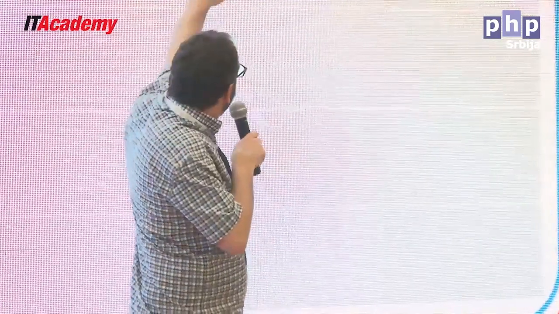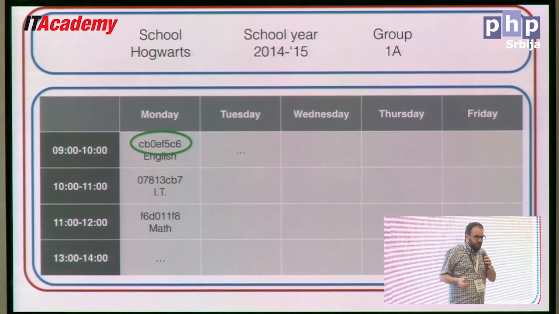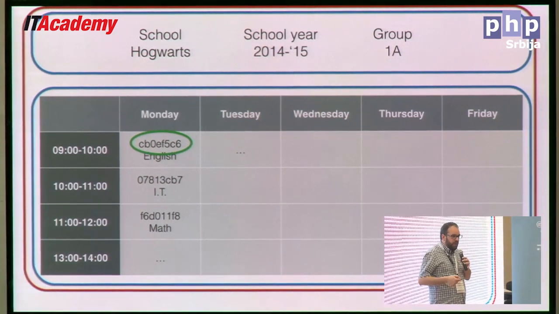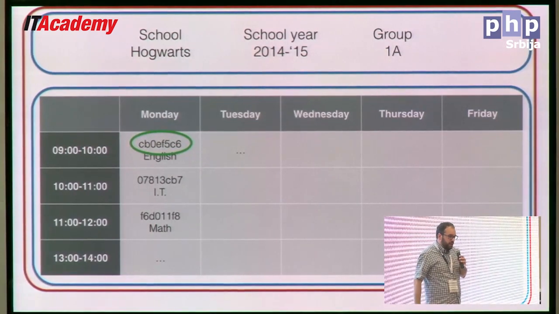So IDs, identities, they're just objects, just like any other. There's not a lot of behavior attached to IDs most of the time. Could be in the case of the 1A. If that is a value object, the group label, that could have some behavior in the sense that we could ask, what grade are you for? And then it would reply 1. Again, that's a very simple calculation, but at least it's encapsulated.